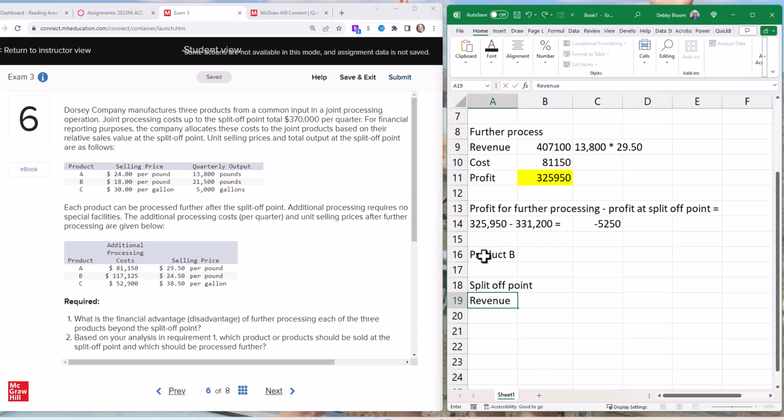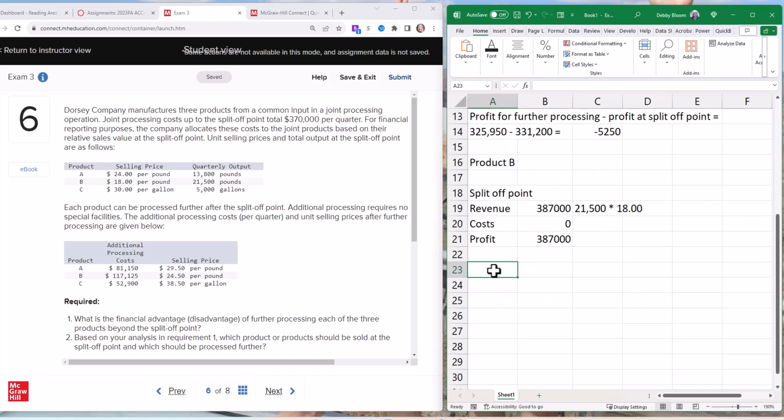So for B, we're going to have our revenue of 21,500 pounds at the price at the split-off point, which is $18. That's $387,000, and then at the split-off point, our separable costs are 0. So for B, if we decide to sell at the split-off point, our profit would be $387,000.